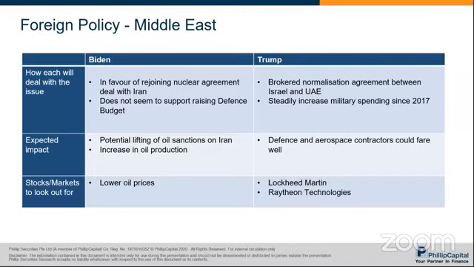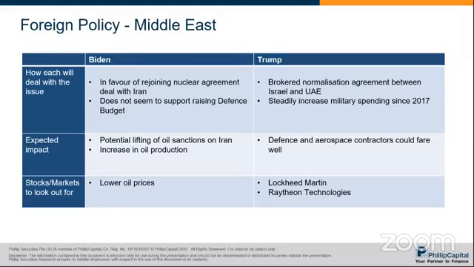However, even though Trump claimed that he wants to eventually end endless war in the Middle East, Trump, like Biden, both have pledged to reduce the US military footprint in the Middle East. But we noticed that Trump, throughout his term, has been steadily increasing spending since he assumed office in 2017.